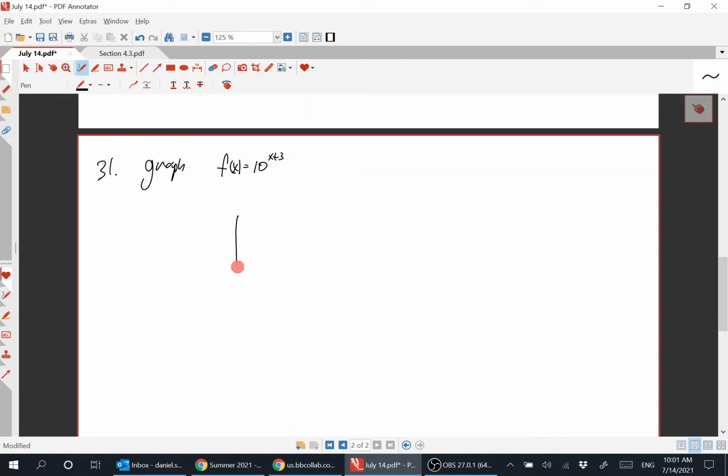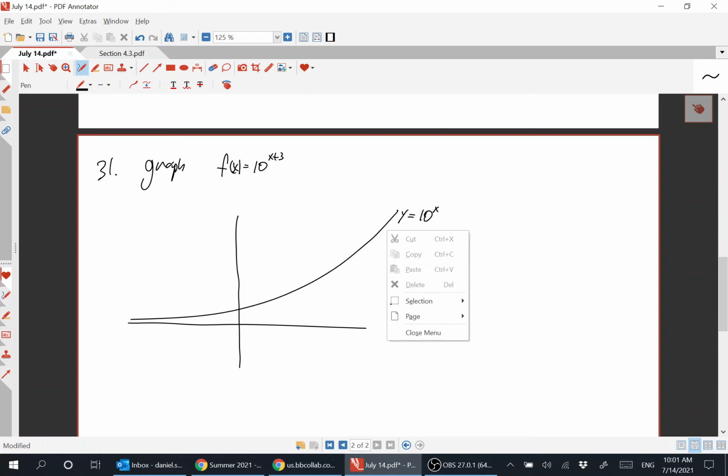So the graph of 10 to the x looks like that, right? So 10 to the x plus 3 is just obtained how? From this one.